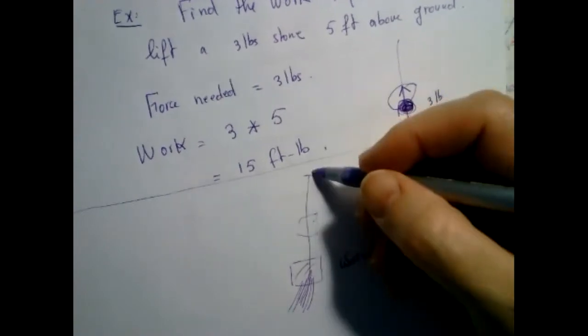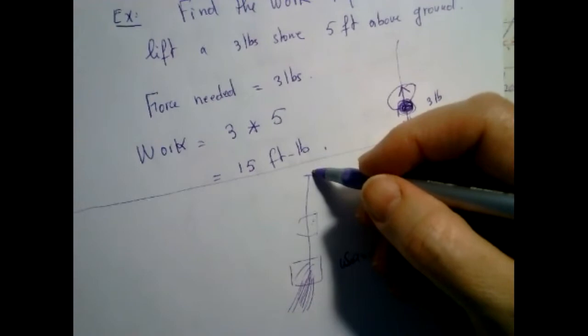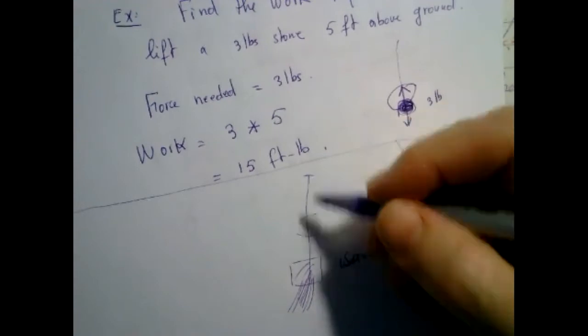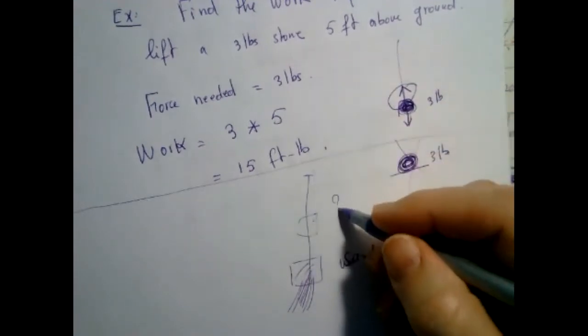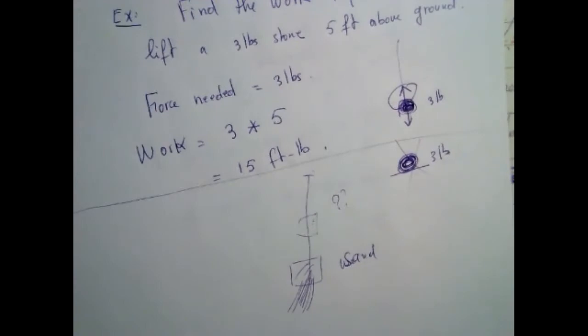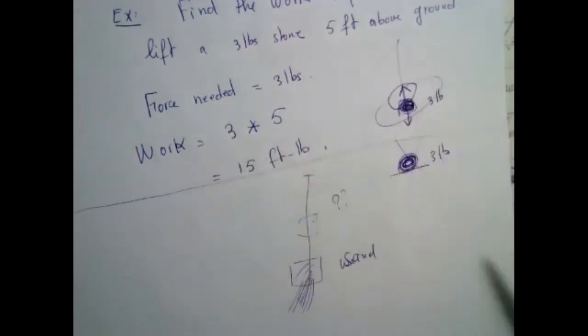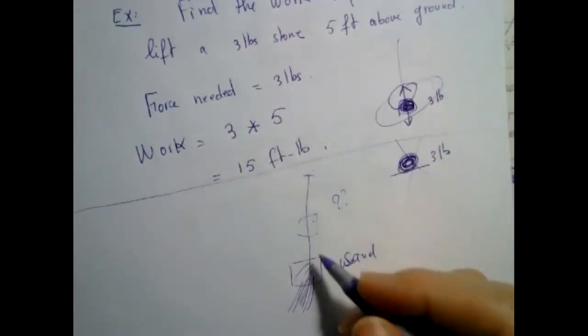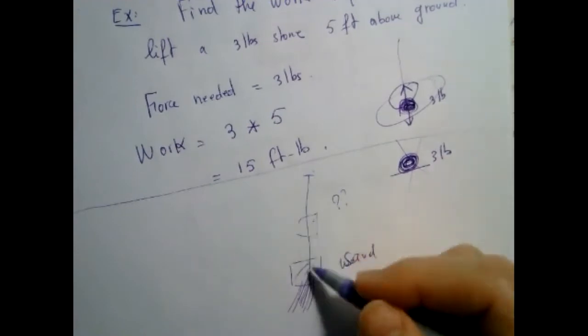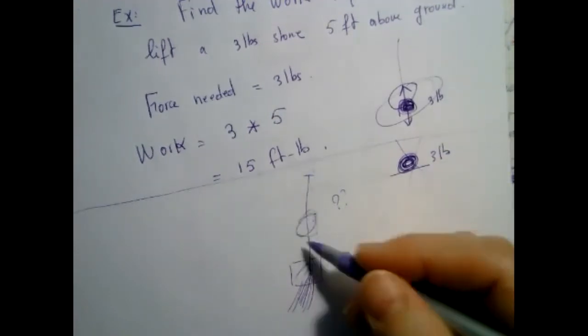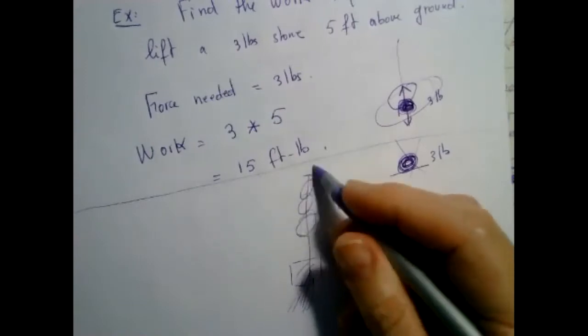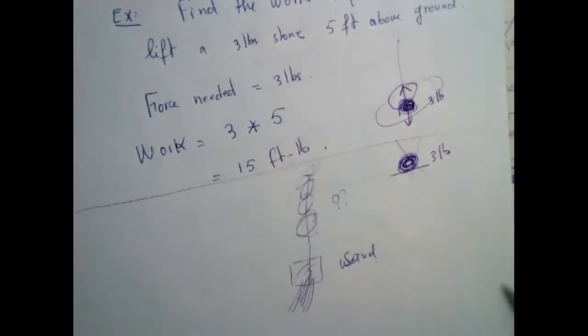So the force to move it is going to get less and less. The force is a variable. So what's work in this case? The work is force times distance as long as the force is constant. But now, as we go up, the weight is getting less and less, so what's the work when the force is varying?